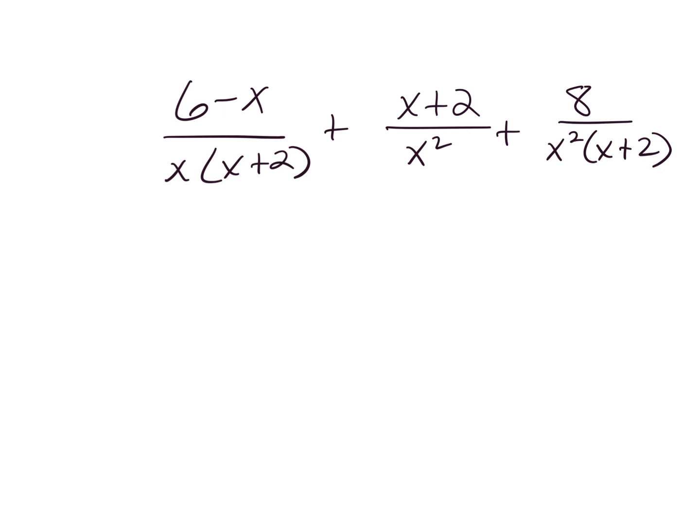Now, on that very first slide after the title, remember it said that you would always look for the largest exponent as your LCD. So out of the x's here, the greatest exponent is an x squared. So my LCD is going to have the x squared. And then it's also going to have this binomial. So that's my LCD. So let me go ahead and write that down for all three.